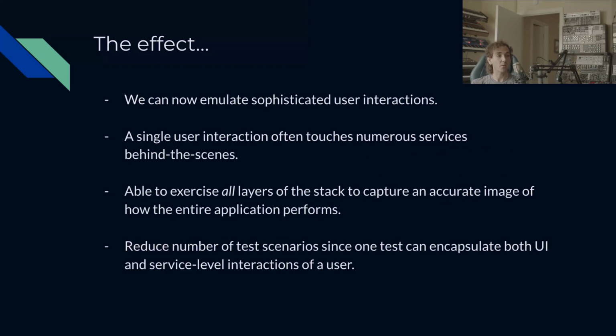The effect of this is that we now have the ability to simulate user interactions at every level of the stack. A single interface, minimal duplicate tests because of the parameterization, and then on top of that, just less clutter, less chaos.